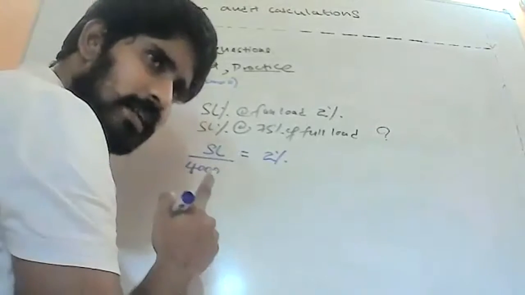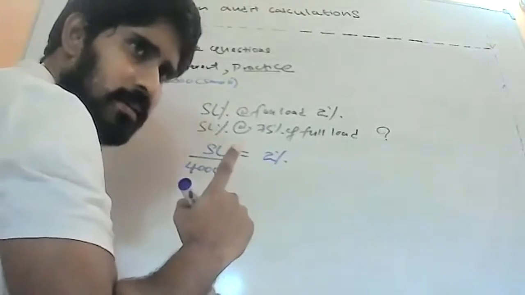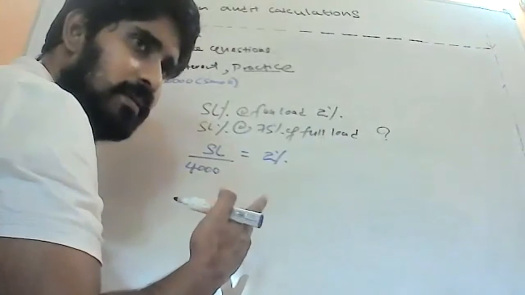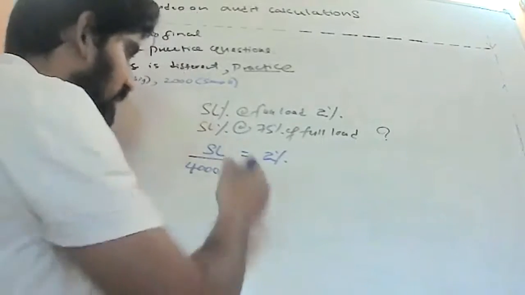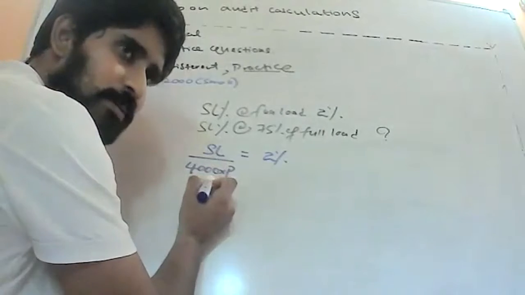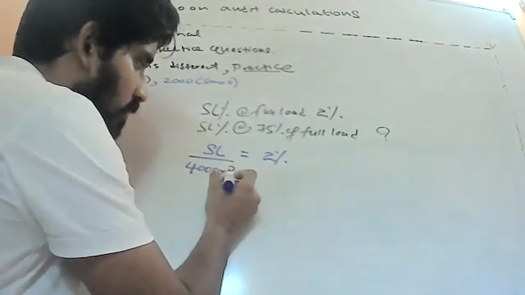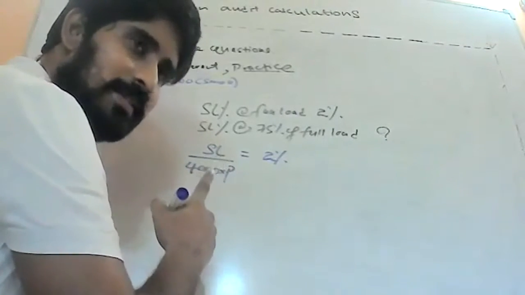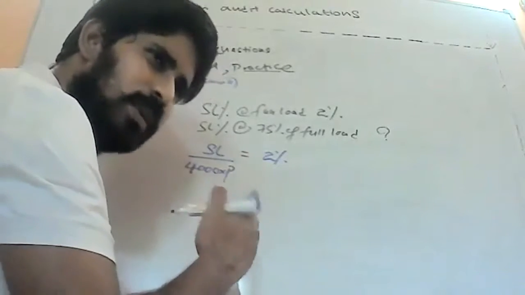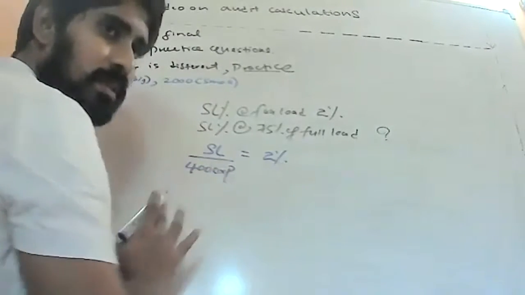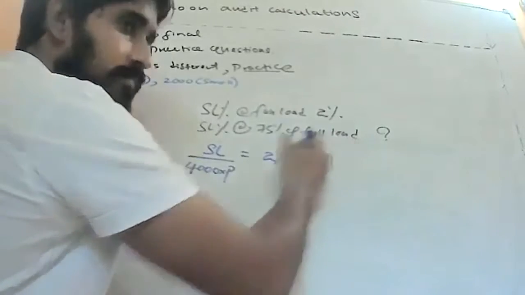So let's say the energy quantity per 1 kilogram per hour fuel is P, because here the load is 4,000 kilograms per hour. So let's say the energy quantity that it carries for 1 kilogram per hour load is P. So what is the value? 2%. So equation number 1.